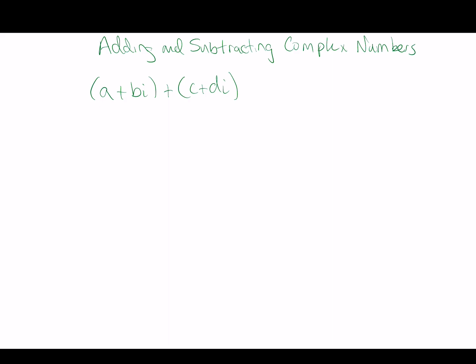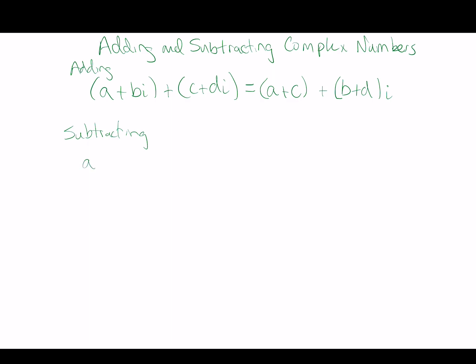The way we add those complex numbers is we add the real parts, a plus c, and then we add the component imaginary parts, b plus d. So we add the component real parts and the component imaginary parts. What about subtracting? Well, it works the same way.